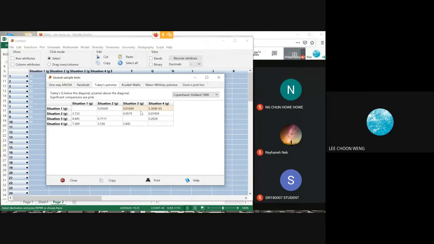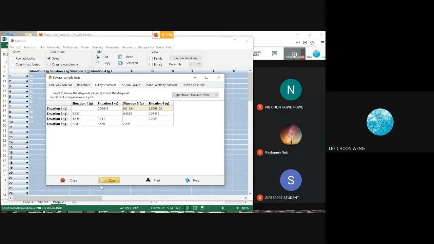So for you to conclude which one is different, you need to do a Tukey's pairwise comparison. Okay, sometimes you will see this as Tukey's HSD, or honestly significant difference, HSD. Okay, but you only do Tukey's pairwise comparison if ANOVA is significant. If your ANOVA is not significant, there is no need to do Tukey's pairwise comparison.